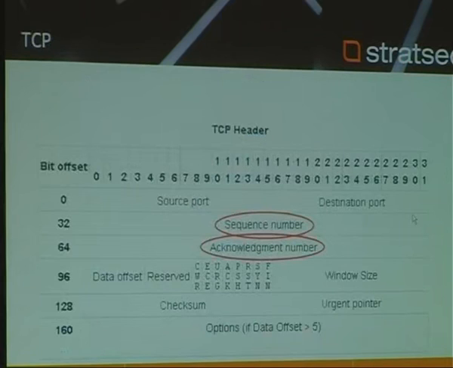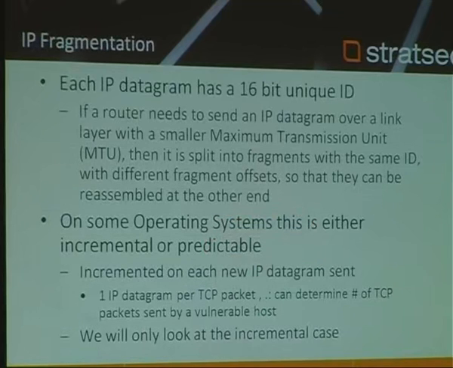Sorry. If you have different amounts of data you can put onto different mediums, and say you're a router, you get an IP packet off one medium which can send really large packets, and you have to send it out on some medium where you can't. You need some way of being able to split that one packet into multiple packets and then have the host on the other end be able to reassemble them.